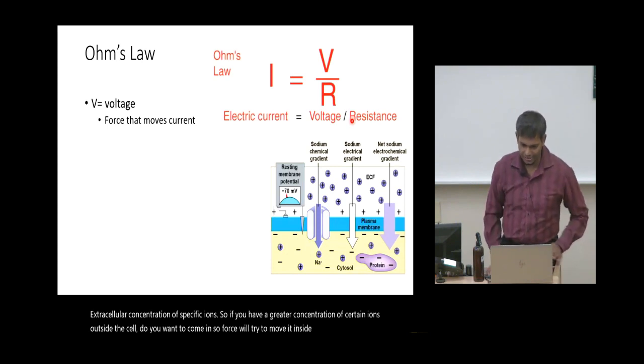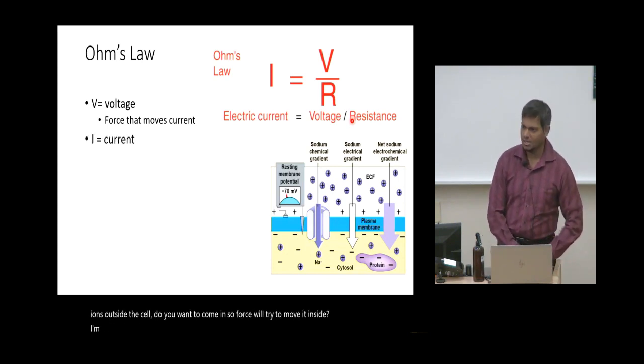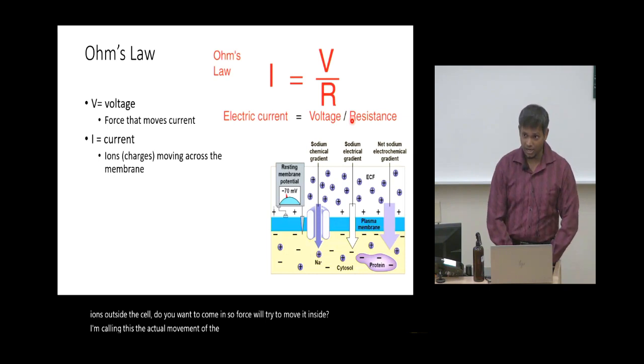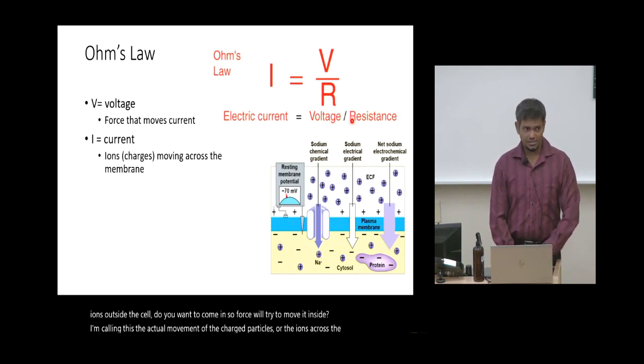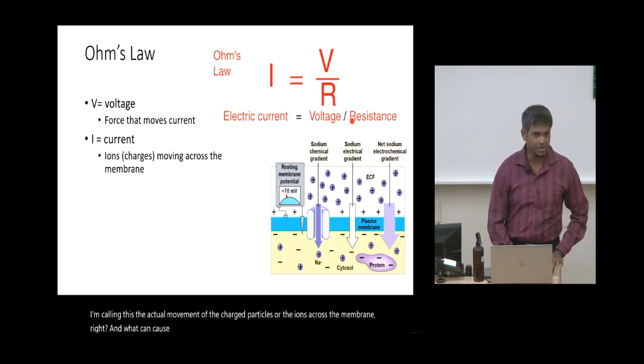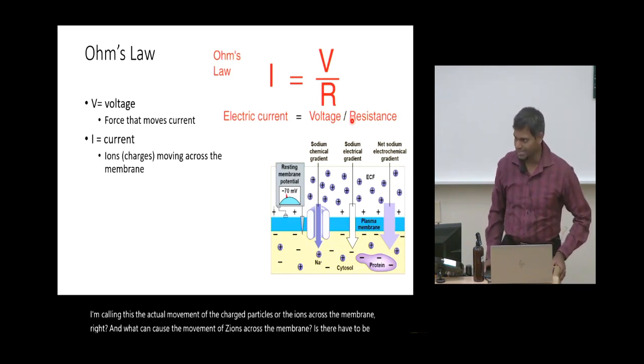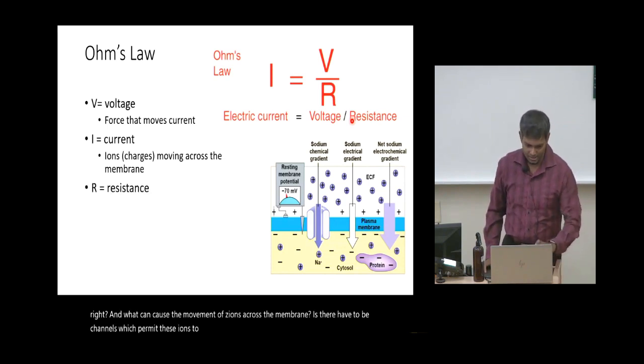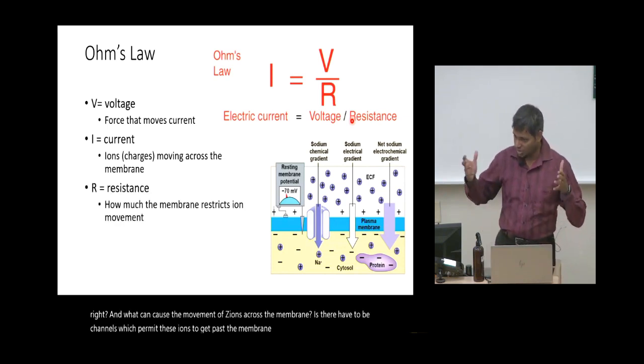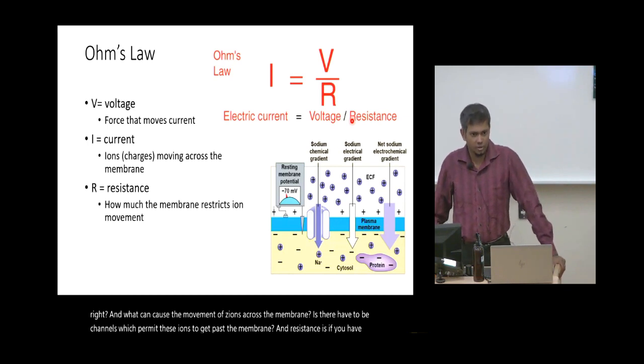And current is the actual movement of the charged particles or the ions across the membrane, right? And what can cause the movement of these ions across the membrane is there have to be channels which permit these ions to get past the membrane. And resistance is how much of the membrane is going to resist the flow of ions.